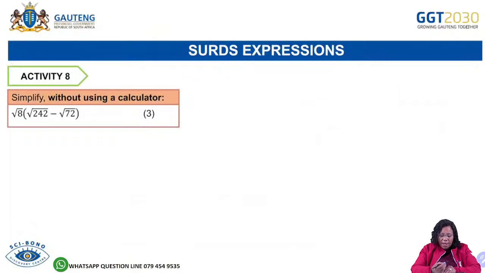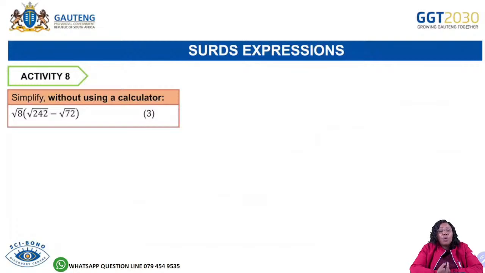Now let's simplify the surd expressions. Simplify without using a calculator, grade 12. Your calculator might assist you to ensure that you are going correct, because our calculators can give us the simplified surd form.